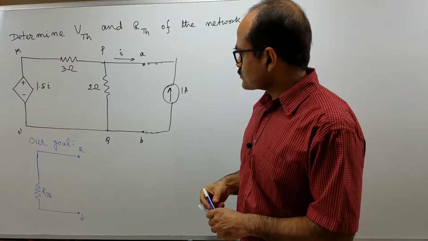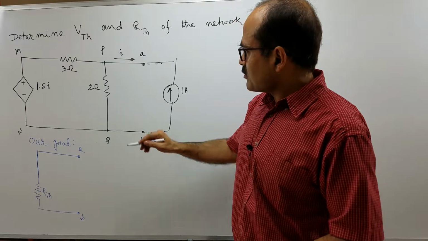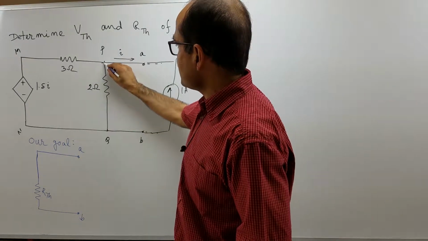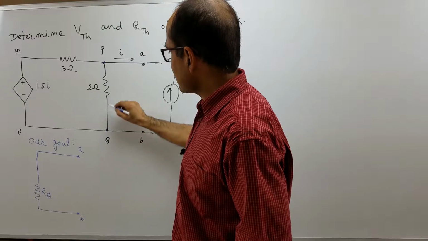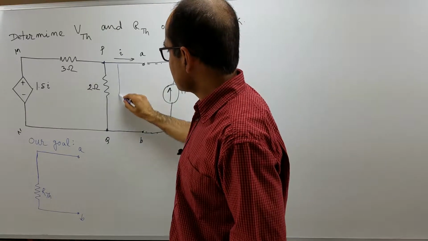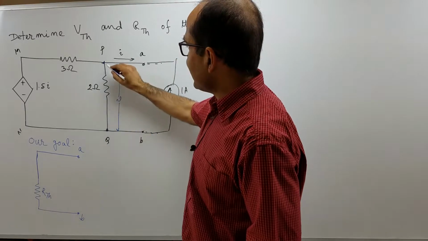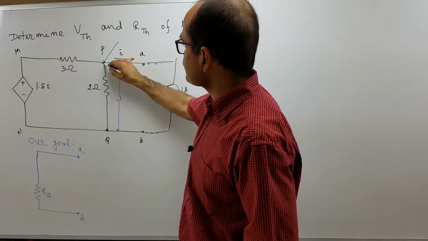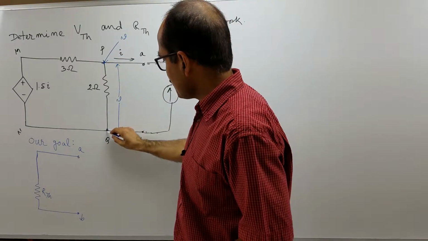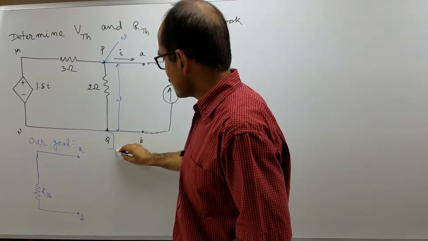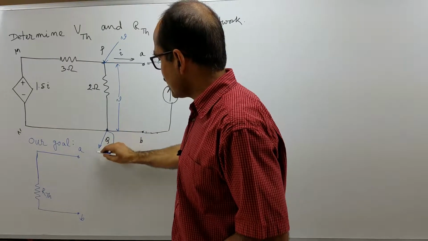Now, suppose the potential difference between P and Q is V. So, I assign a voltage V here and I ground the point Q. So, this has a voltage equal to 0.